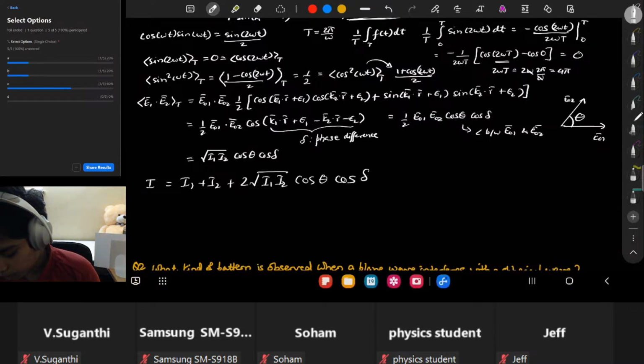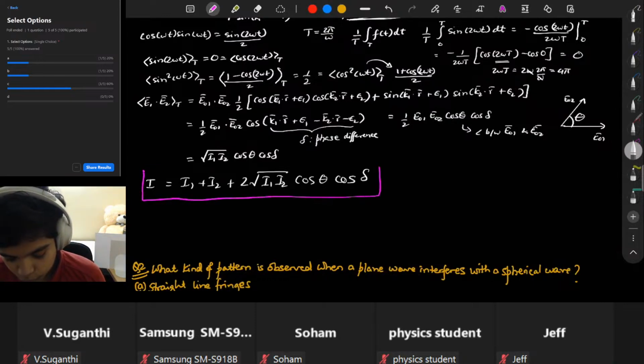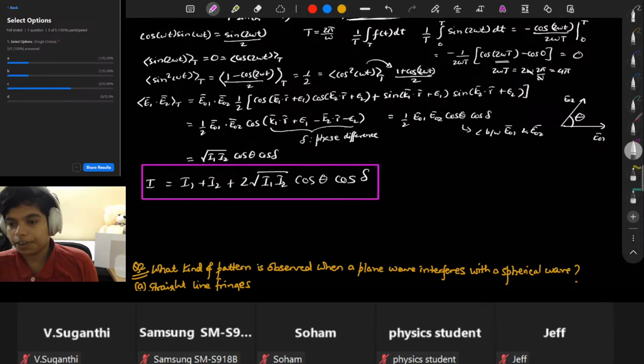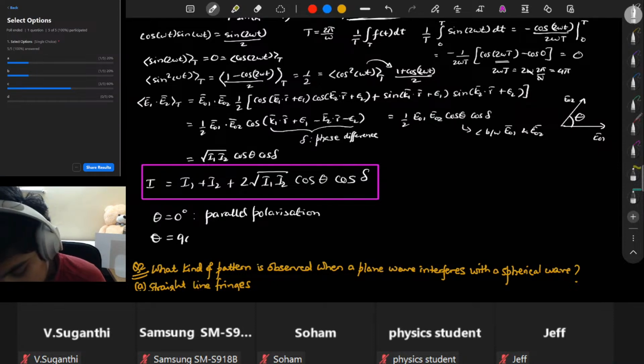This is one of the most important expressions that you will use all throughout when you study interference effects. When theta equals 0 degrees, you have parallel polarization, and when theta equals 90 degrees, you have orthogonal polarization.